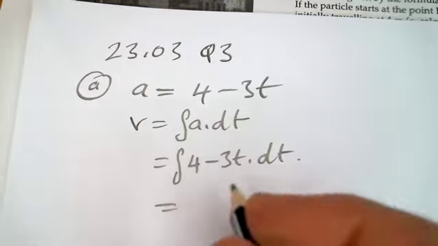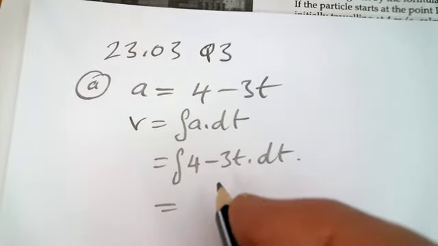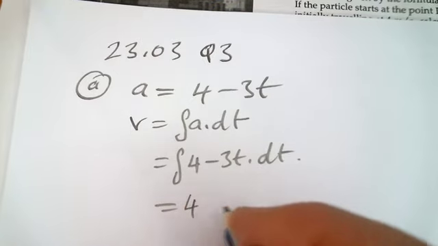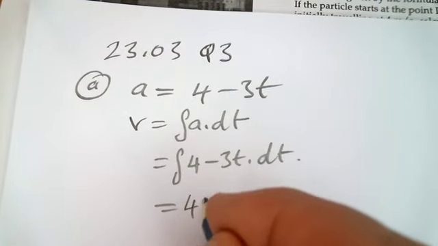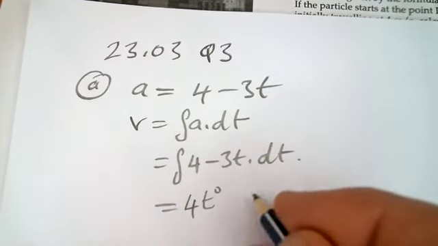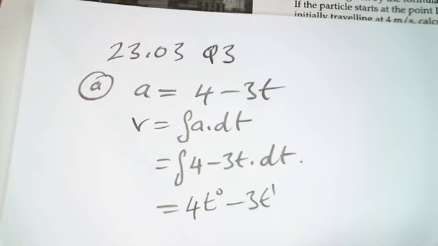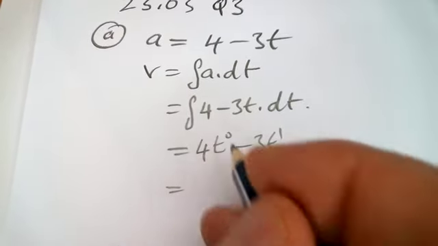So we're going to integrate that now. We're going to add one to the power of t. At the moment it's 4, so if I wrote that as it is, it's actually 4t to the 0 minus 3t to the 1. Let's now change that and add an extra power to each one.